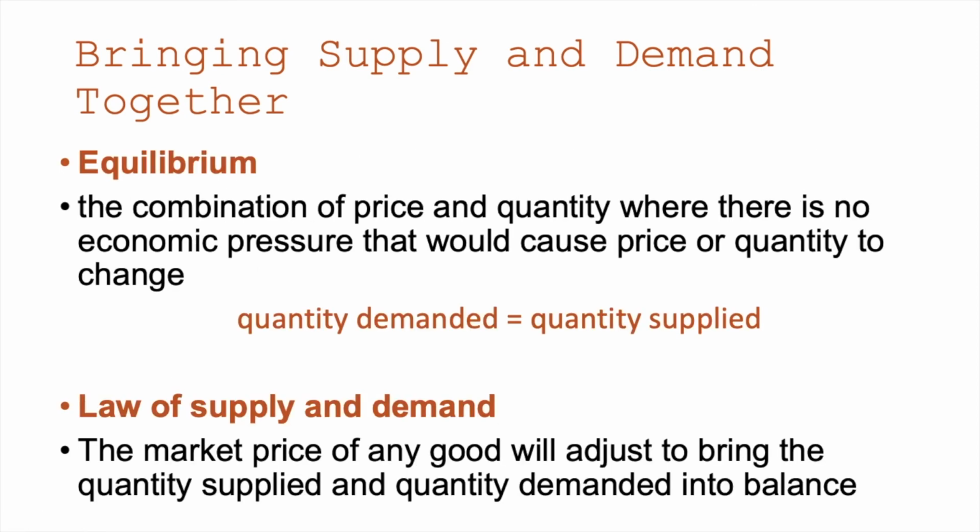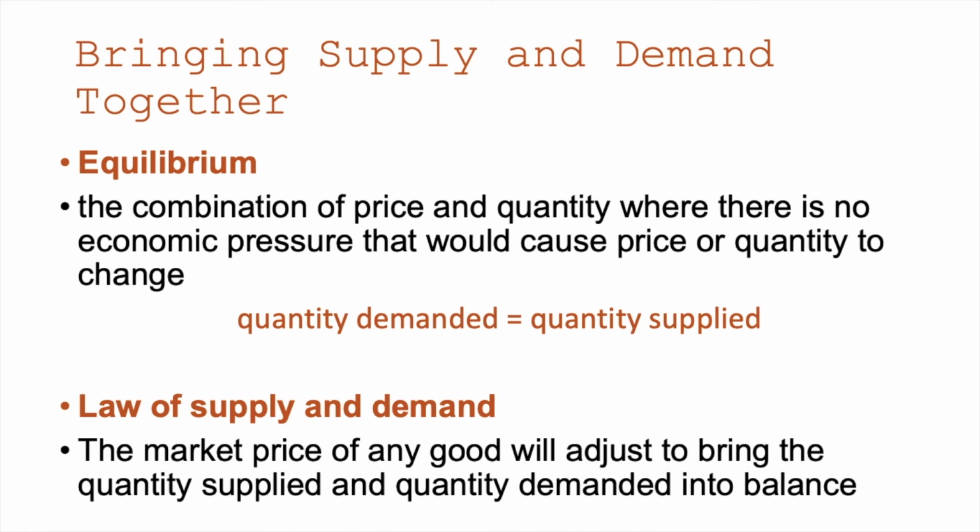When we put those two together, we get something called an equilibrium. An equilibrium is the combination of price and quantity where there's no economic pressure that would cause price or quantity to change. That's just a fancy way of saying equilibrium is the market's happy place.